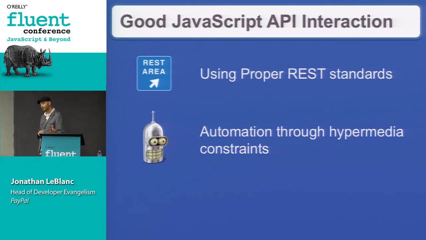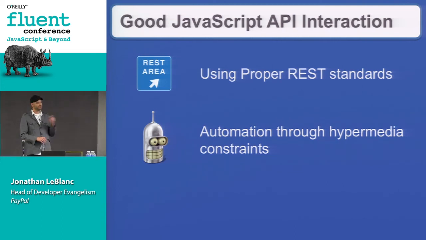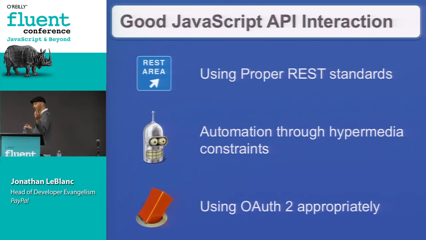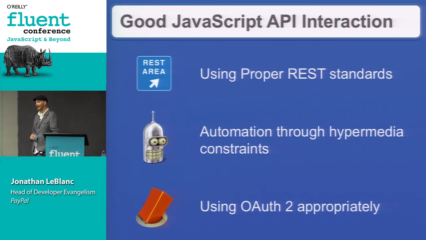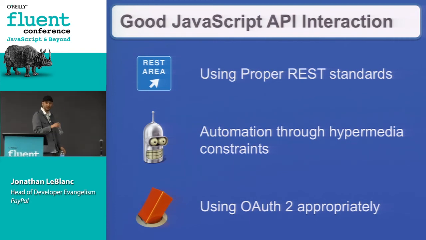If an API supports it, you should be using it, because that's going to future-proof your applications as well. And then finally, using OAuth 2 in the proper way. Not using some backdoor methods that are kind of hacky in the implementation, because the standard supports it. Why not implement to standard if it supports what you need in a very easy way?